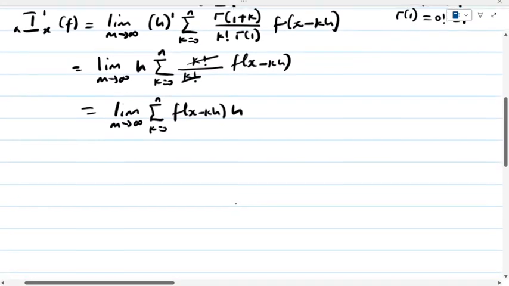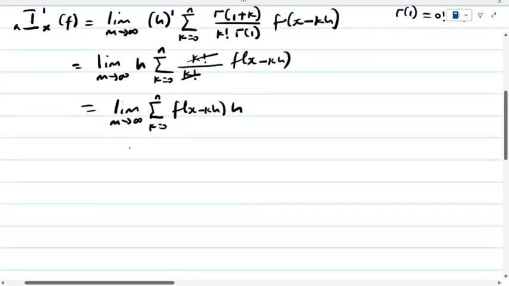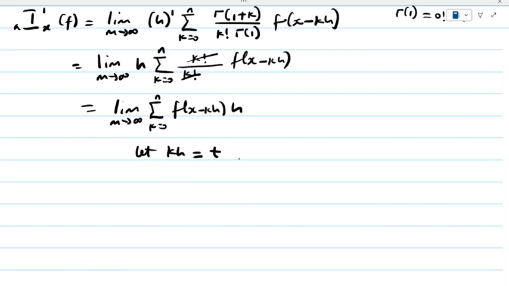Okay. So in order to take this to integral form, we have to let kh equal t, and then our h equals dt. You can actually prove that using your normal xy coordinates. This is your t now, and this is your y.